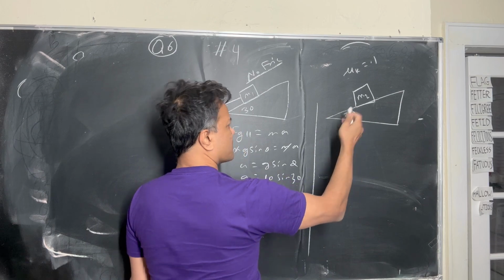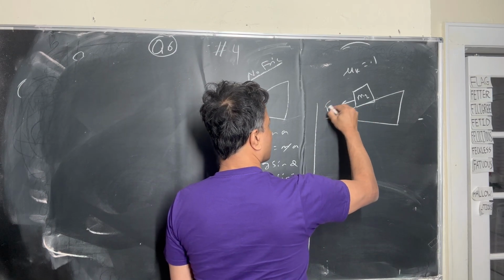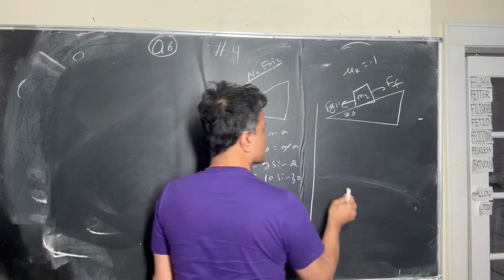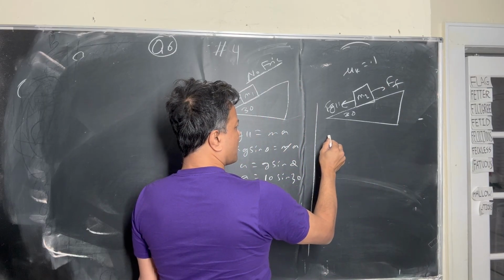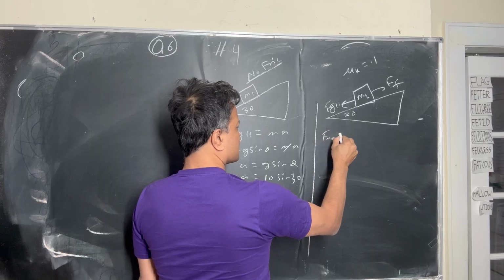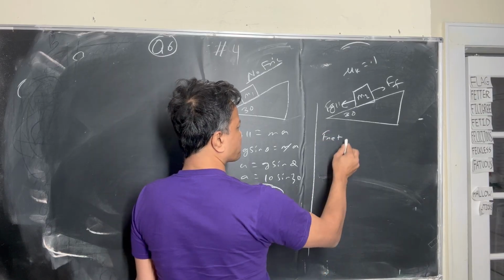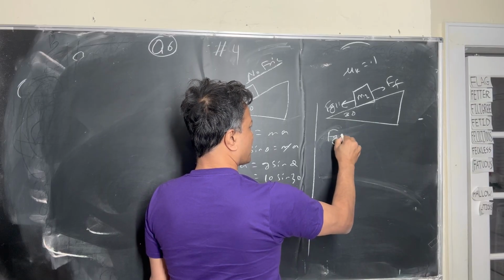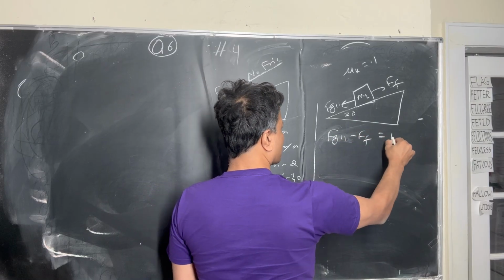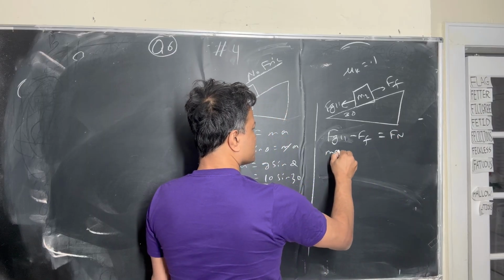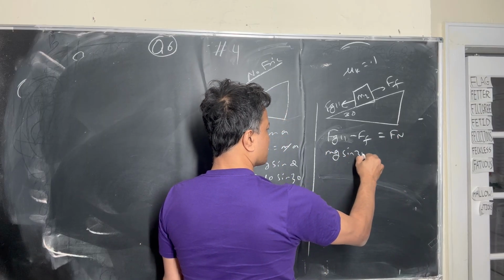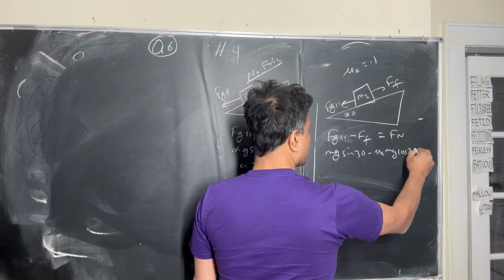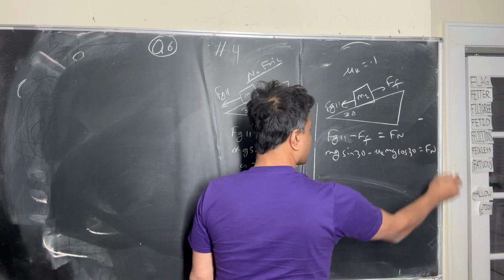Here we're going to say there is a friction. So this is Fg parallel. This is Ff. So you're going to say F net is equal to Fg parallel minus Ff. mg sine 30 minus mu k mg cosine 30 is equal to F net.